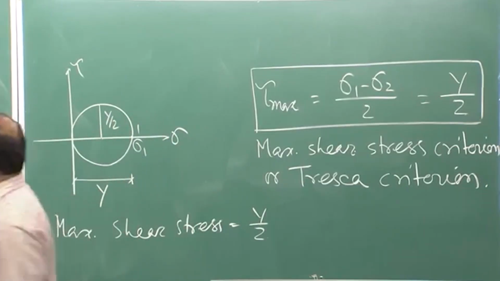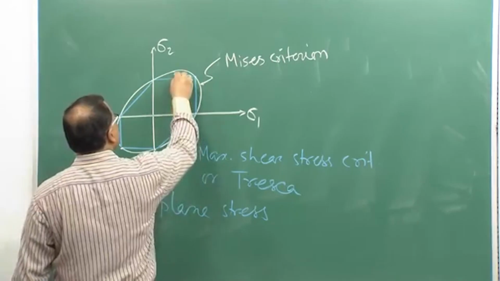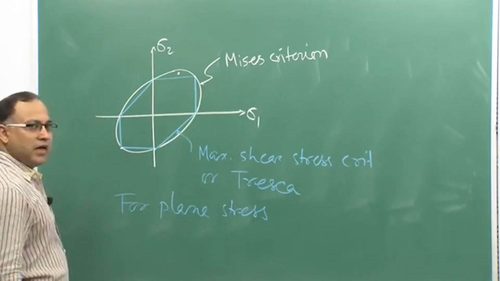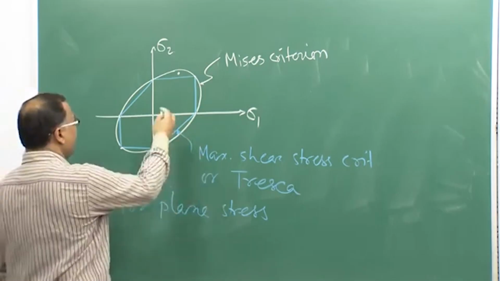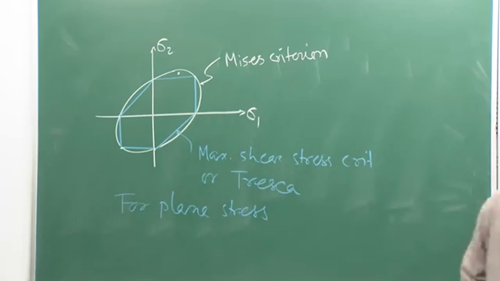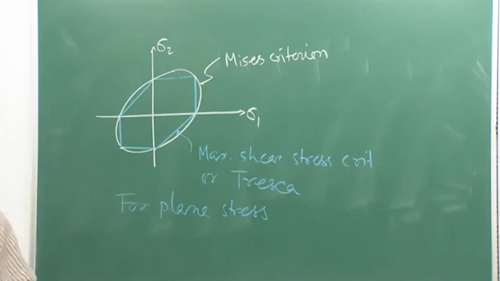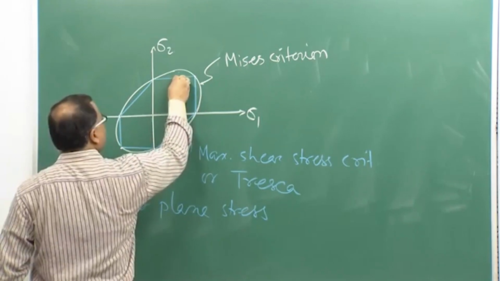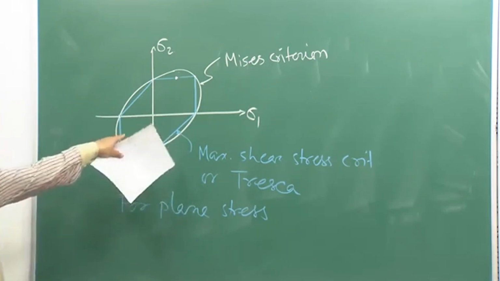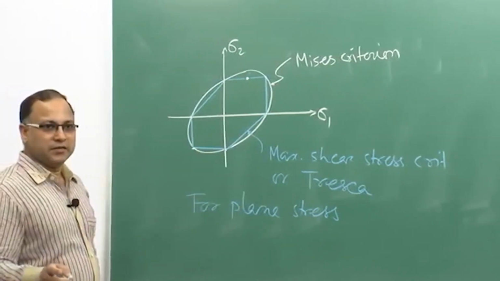But if your combination of sigma 1 and sigma 2 is such that you are here, as per Tresca you are getting yielding, but as per von Mises you are not getting yielding.